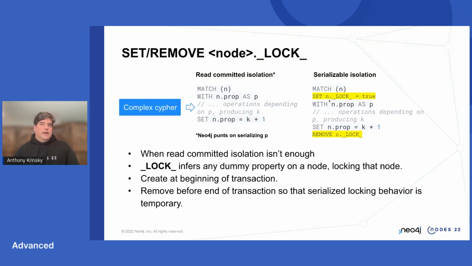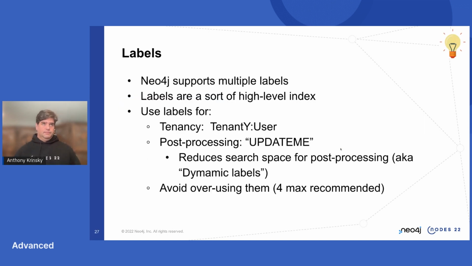So we recommend in that case to use the lock idiom. It's kind of an inferred property, and as I understand it, this isn't yet part of the Cypher spec or implemented any other way at the moment. You set this property on the node to true, this underscore lock property, and then you remove it at the end of the transaction.